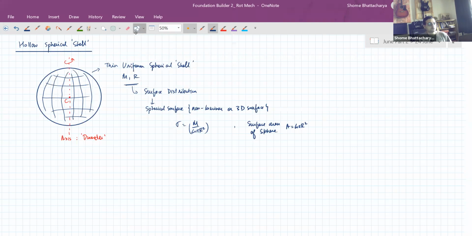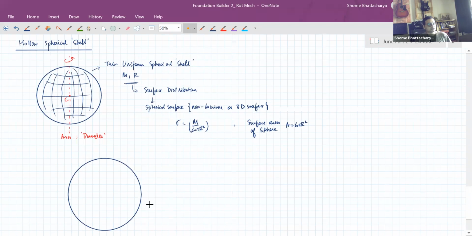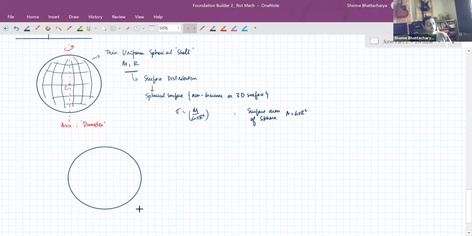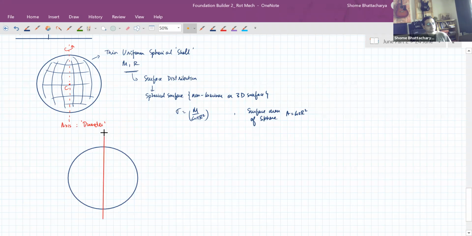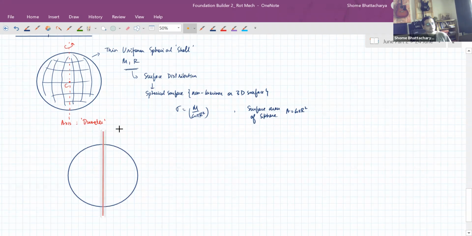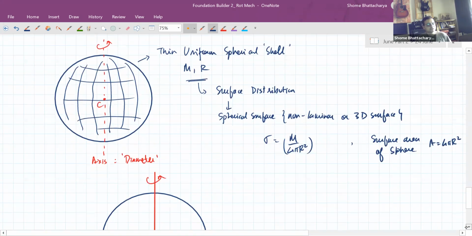Okay, so again, we have to basically slice it into small areas and calculate the moment of inertia by integrating. Okay, so if we take the vertical axis through the center as our axis of rotation, then we will have to take our surface element having a similar kind of symmetry about it.